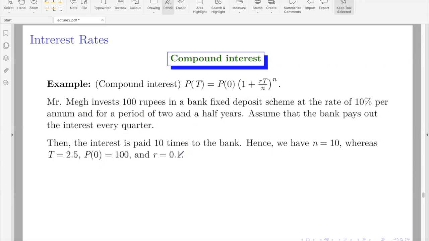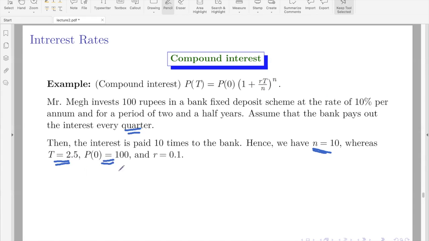As we have done in the last case, N is 10 because you have 2.5 years and quarterly basis you are paying, and therefore there are N times the interest has to be paid. The final time is 2.5 years.